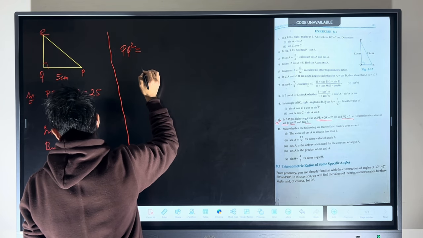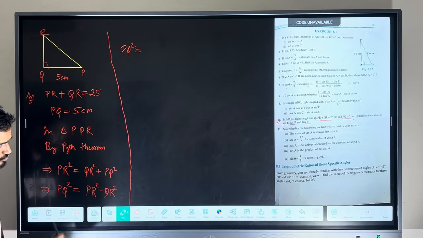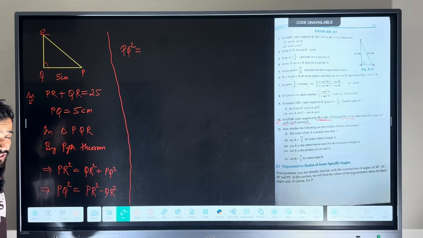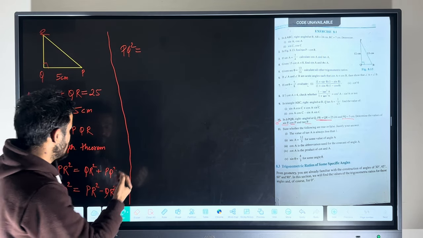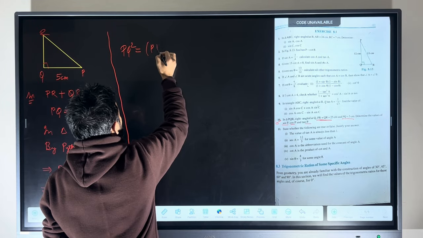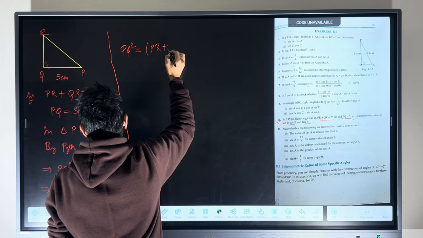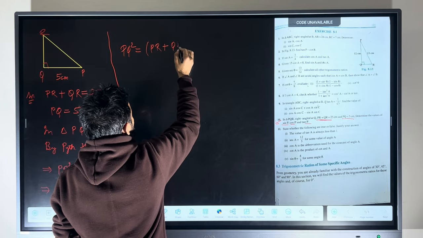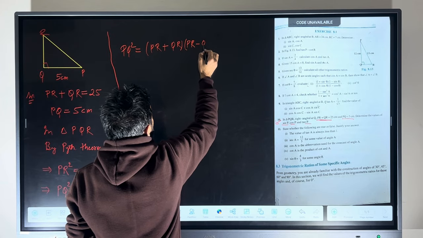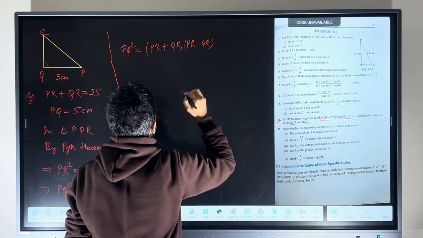Now we can apply the formula A square minus B square, that is A plus B into A minus B. So this will be PR plus QR into PR minus QR.